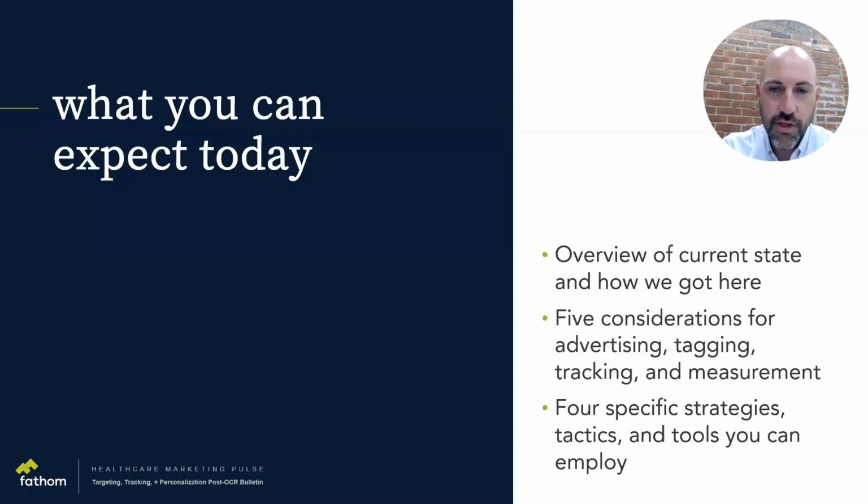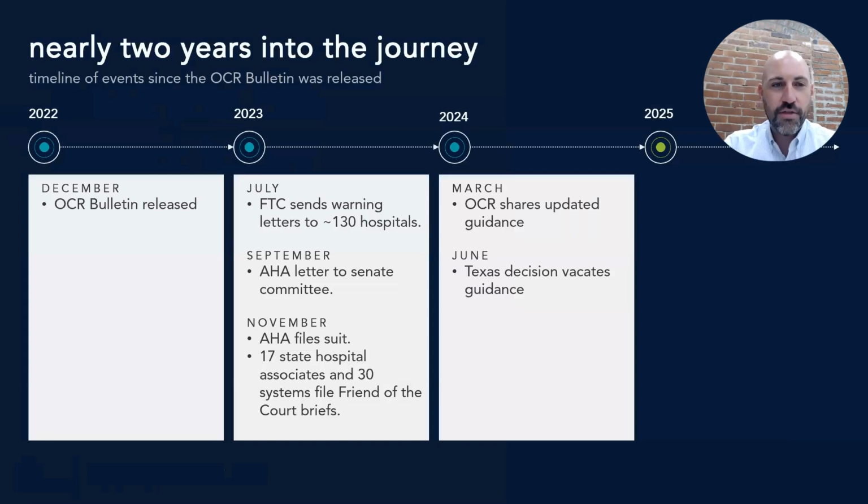And so with that, let's start with a view of the current state. If we think about all of the developments since the U.S. Department of Health and Human Services and their Office for Civil Rights issued the original bulletin, we go back to December of 2022.